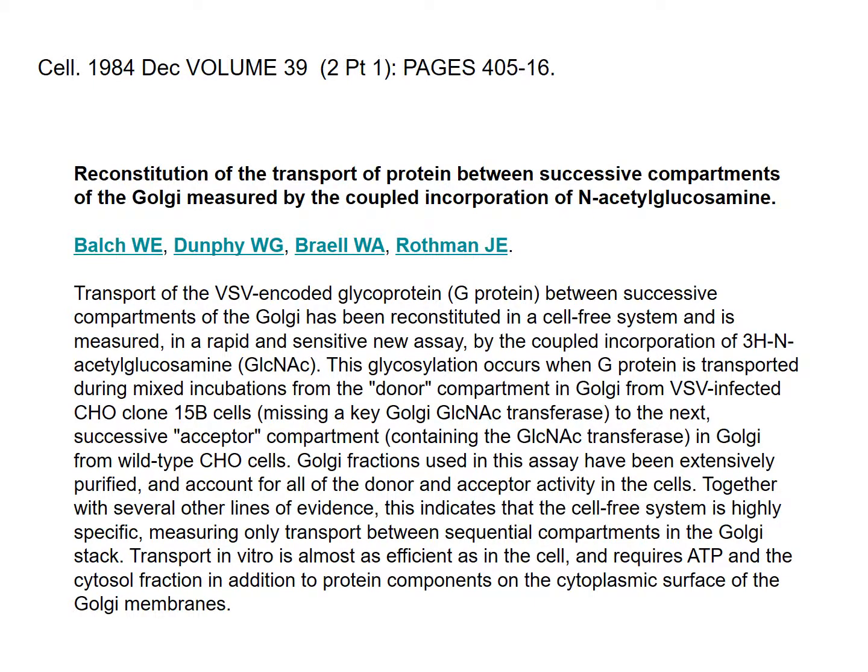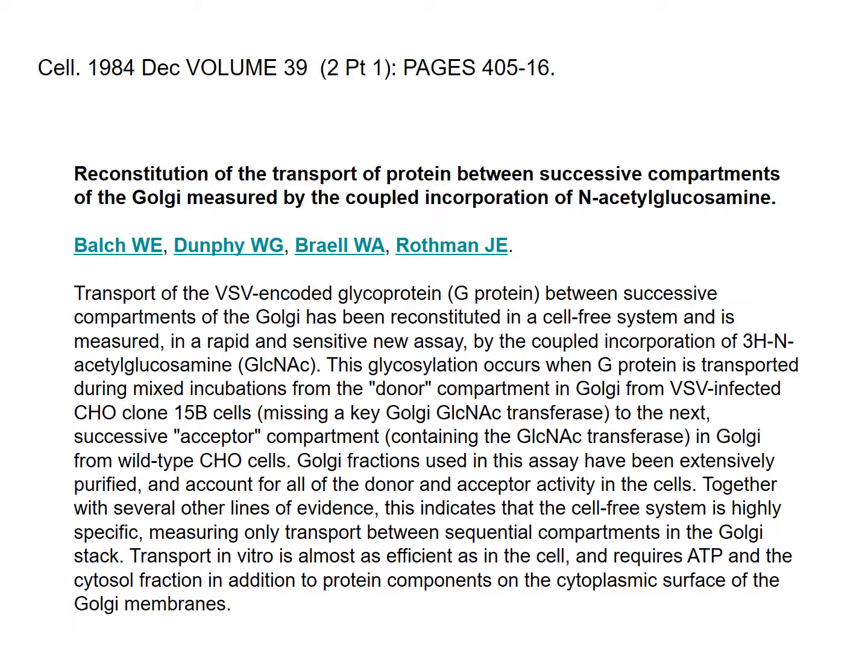So, besides in vitro transcription translation, there was a really interesting paper, and it got Rothman, J.E. Rothman, the Nobel Prize.